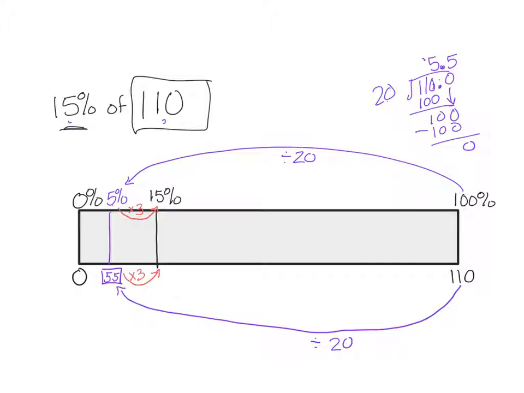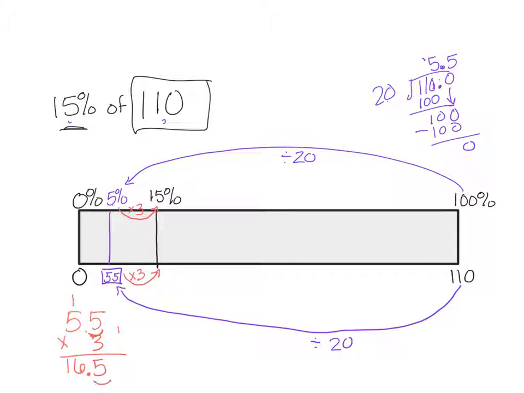So I have 5.5 times 3. So I have 5 times 3 is 15. Regroup. 3 times 5 is 15 plus 1 more is 16. I now need to count how many spaces are behind the decimal. That's 1. So that means I need to move my decimal over 1 time.